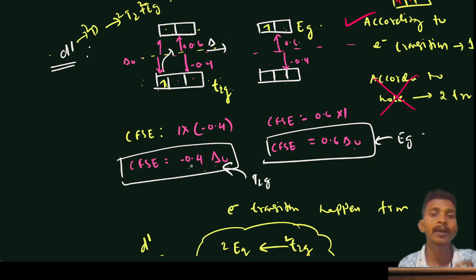Okay, so assign the values of the Mulliken notation to the orbital diagram for the degenerate states. So I assign this value to this, minus 0.4 to T2G, and 0.6 to EG.